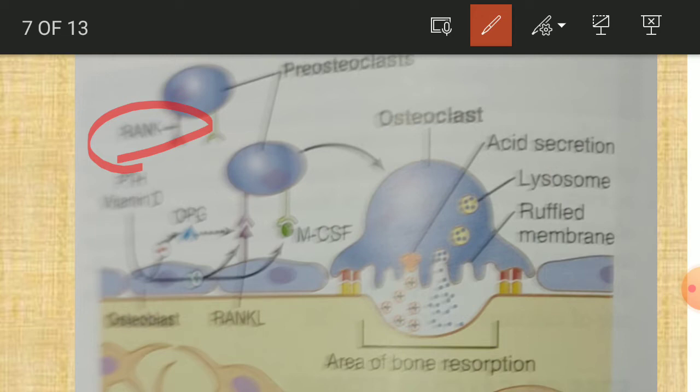What I am telling, it's a lock and key mechanism. RANK ligand released by the osteoblastic cells gets attached to RANK, which is the specific receptor present over the pro-osteoclasts as well as osteoclasts.